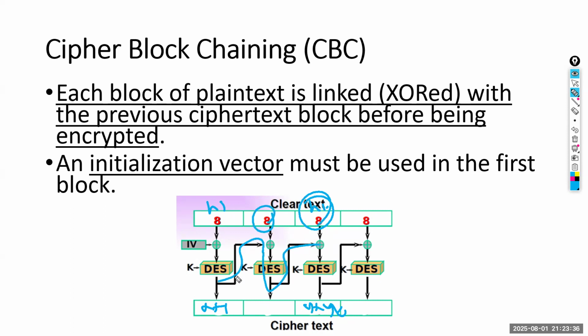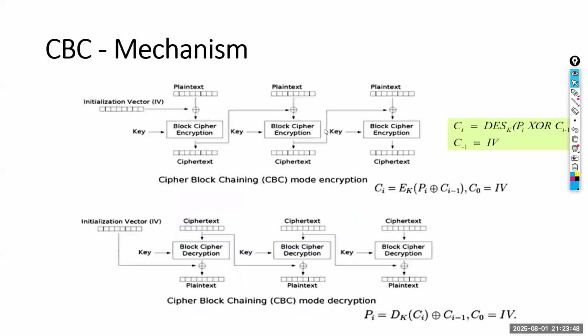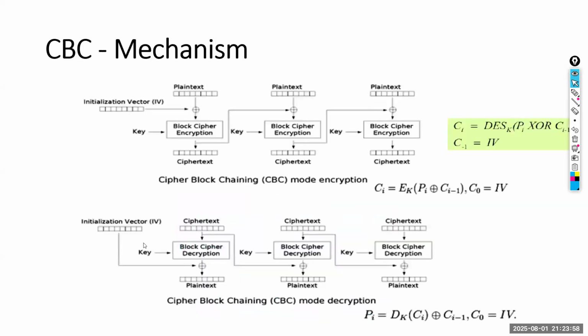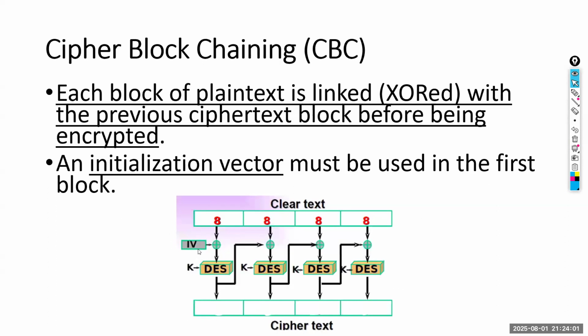Not just the previous block, all the previous blocks. So this is called cipher block chaining, CBC. This is the same thing in a different diagram, okay? And don't worry, they won't ask you to write these formulas, but this is good enough for you. And the decryption is the reverse process.